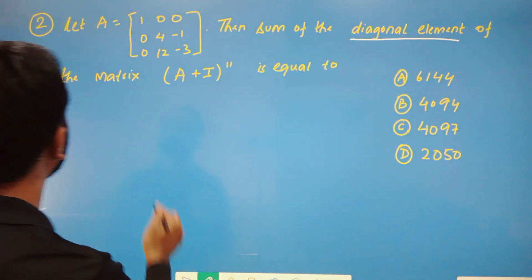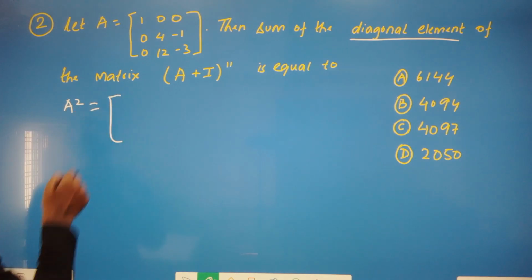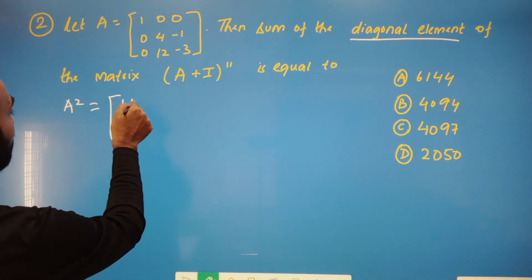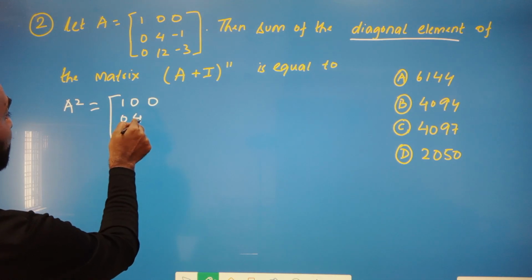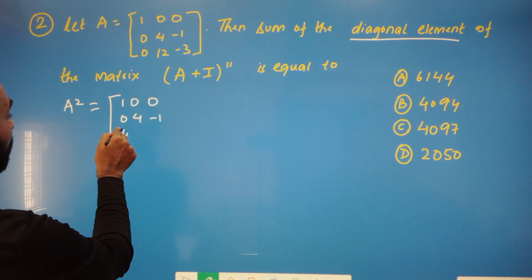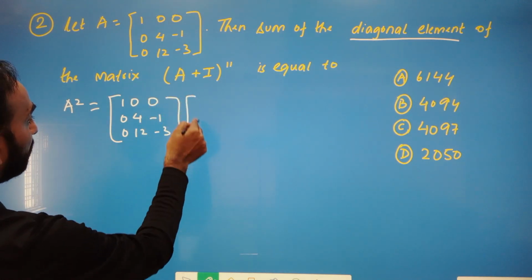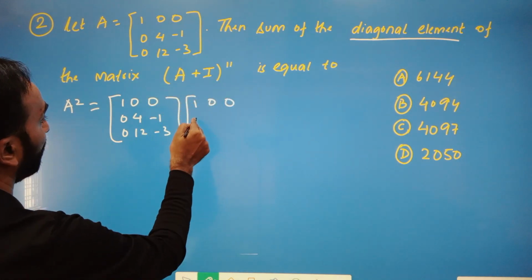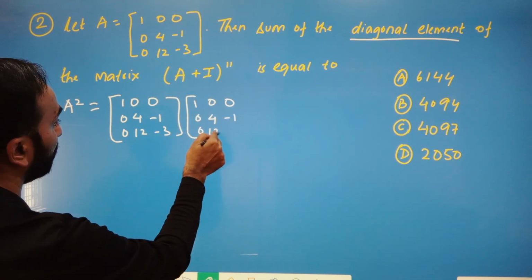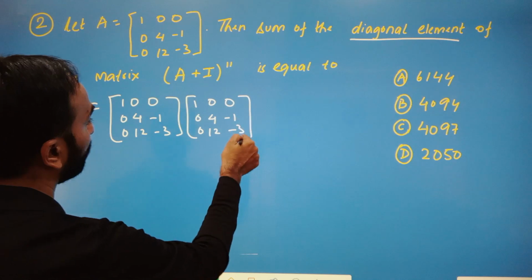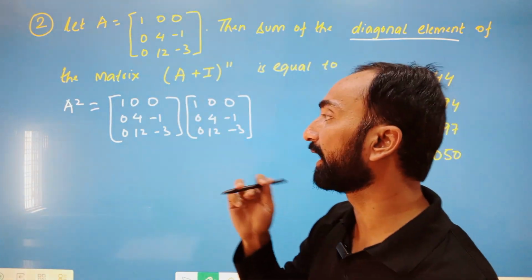First of all, we have to find the value of A square, and we can find it just by multiplying matrix A with matrix A. I am multiplying matrix A with matrix A. I believe everybody knows how matrix multiplication is done.